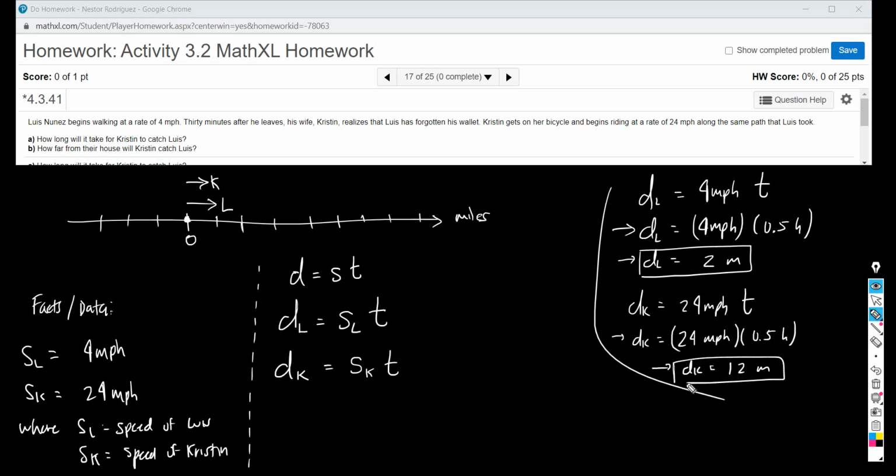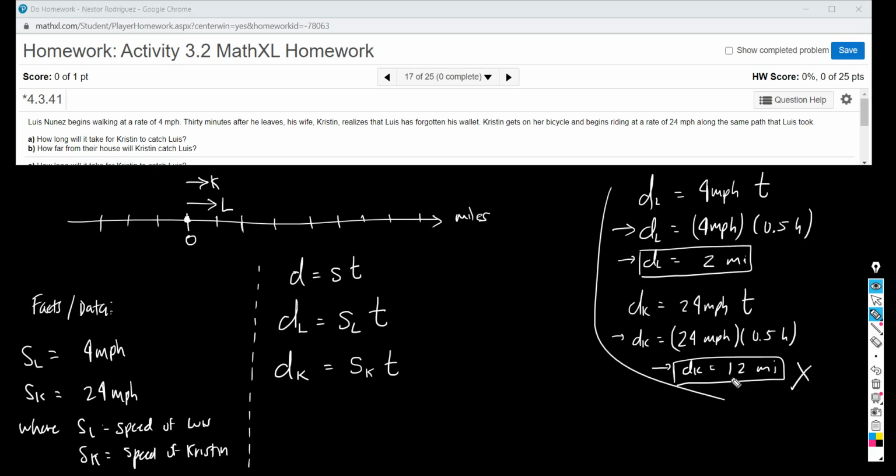Why is this a contradiction, guys? After 0.5 hours since Luis started traveling, where is Christine? Is Christine at 12 miles from their house at 0.5 hours? That's clearly wrong, right?